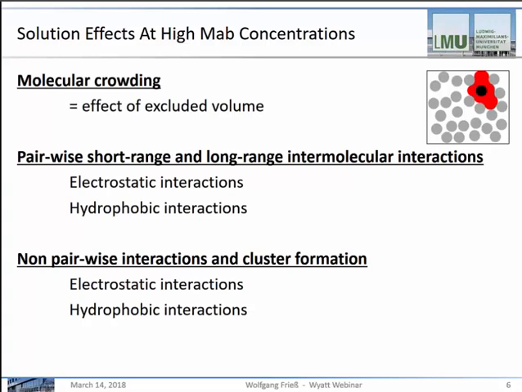We have pairwise, short-range and long-range intermolecular interactions, typically triggered by electrostatic and hydrophobic interactions. And we also have non-pairwise interactions and cluster formations, also triggered by the same phenomena.